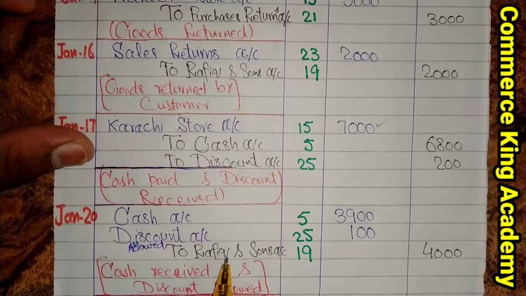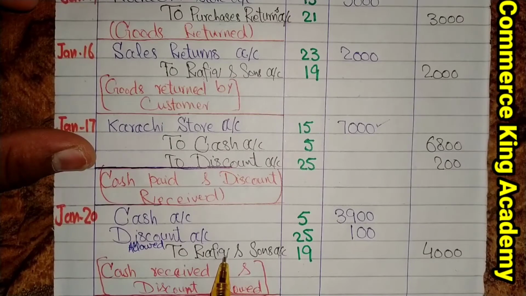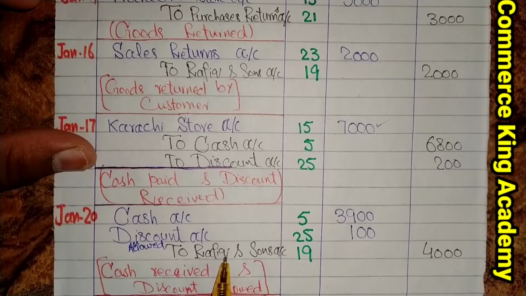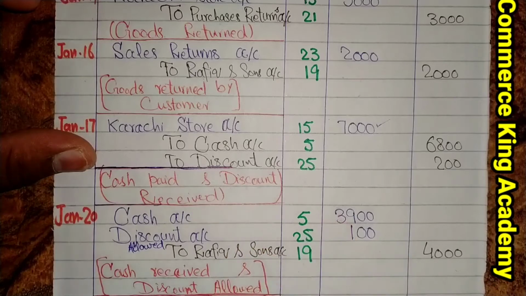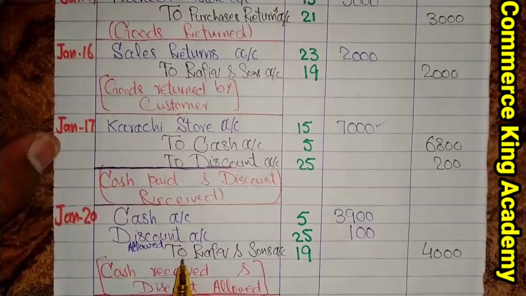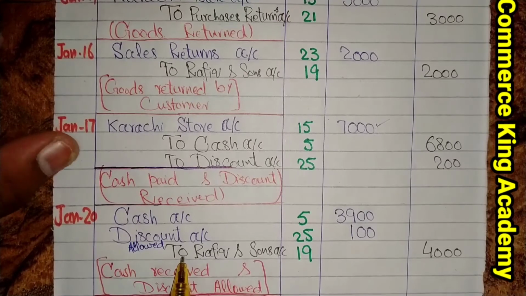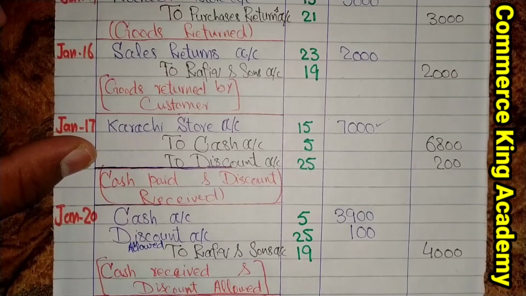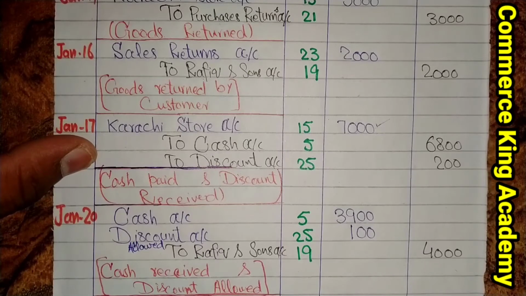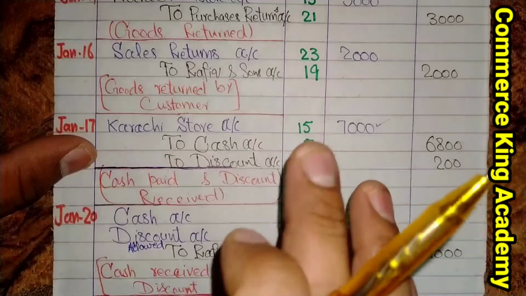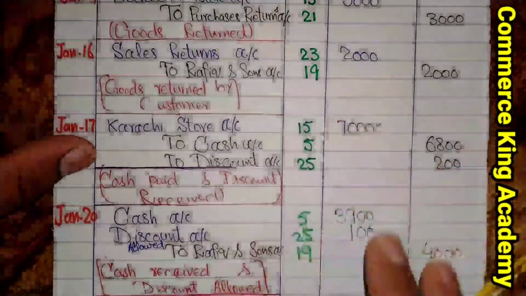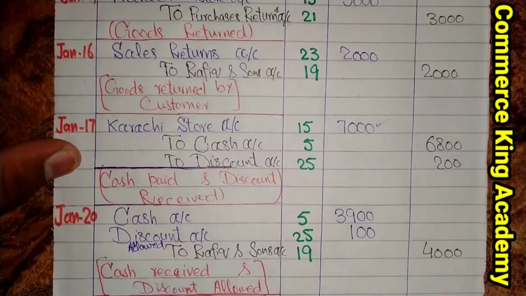Recall, we sold to Rafiq and Sons amounting to 22,000 rupees, okay. After that, on the 11th, we received a check amounting to 16,000 rupees from Rafiq and Sons, okay. So we will deduct 16,000 rupees from 22,000 rupees. Ultimately, the remaining balance is 6,000 rupees, okay.